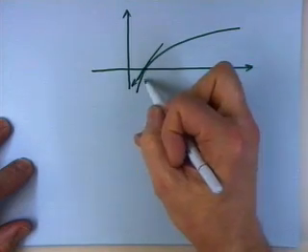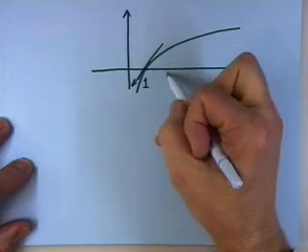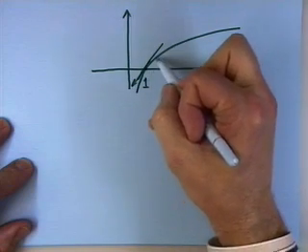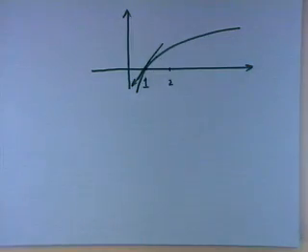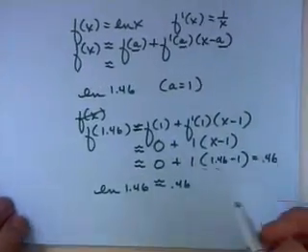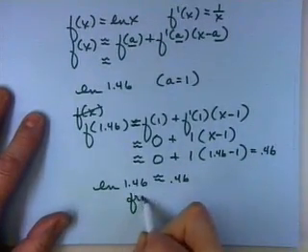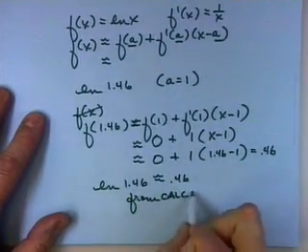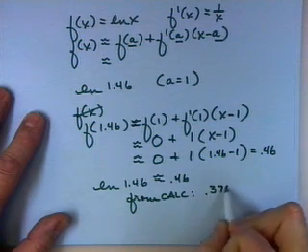At x equals 1. And then we're coming out here to 1.46. There might be enough of a separation to get that kind of an error. What did the calculator say? 0.378. So from a calculator, 0.378.